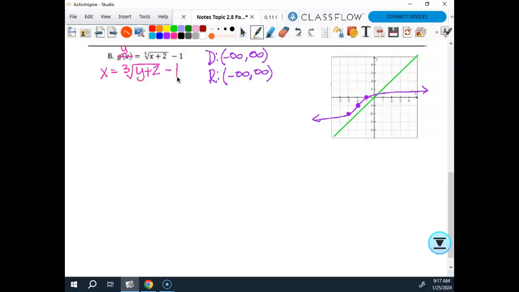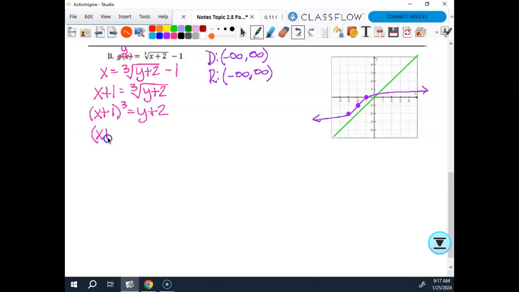So this works almost identical to the last one. So then x plus 1 is equal to the cube root of y plus 2. How do I undo a cube root? I cube it. So I'm going to cube both sides. X plus 1 cubed equals y plus 2.